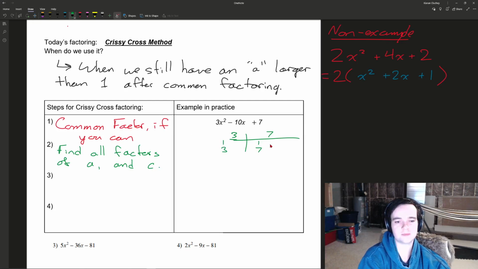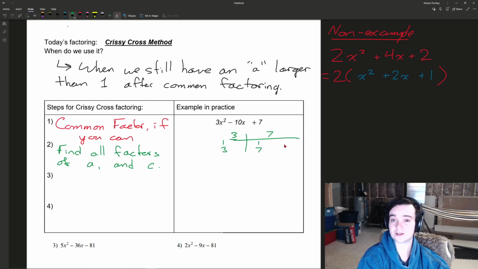When you're finding these pairs, 3 and 7 are prime numbers, so there's not too many pairs, but there could be more. You would write all of them down. So if you had 60 here instead of 7, you'd continue with more pairs, for example 2 and 30 or 4 and 15.